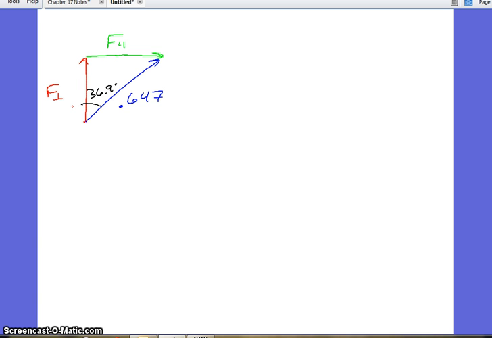The sine of 36.9 degrees is the perpendicular component over 0.647. And we get the perpendicular component comes out to be 0.518. And that would be upward.